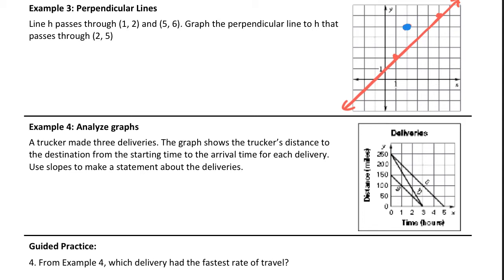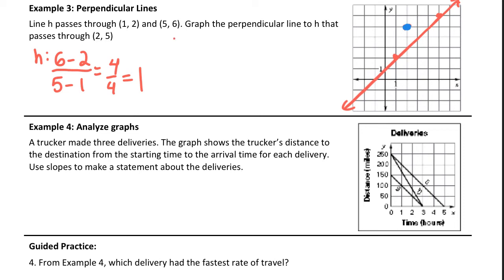Okay, so what I'd want to find first is the slope of line H. So the slope of line H, 6 minus 2 over 5 minus 1. So 6 minus 2 is 4. 5 minus 1 is 4. The slope of line H is just 1.